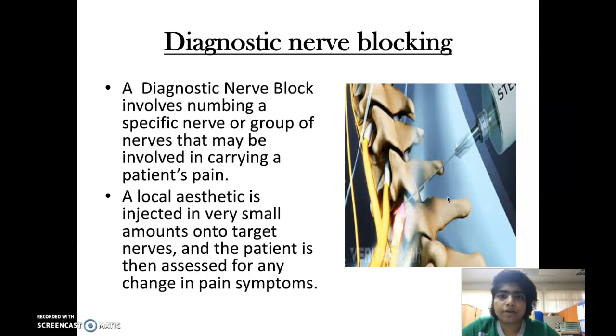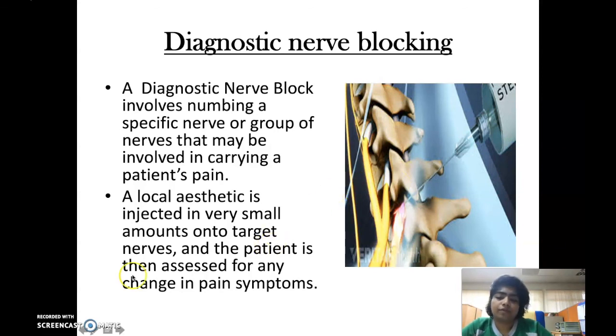Now I'm going to talk about diagnostic nerve blocking. A diagnostic nerve block involves numbing a specific nerve or group of nerves that may be involved in carrying the patient's pain. A local anesthetic is injected in a very small amount into a targeted nerve, and the patient then could not feel the pain.